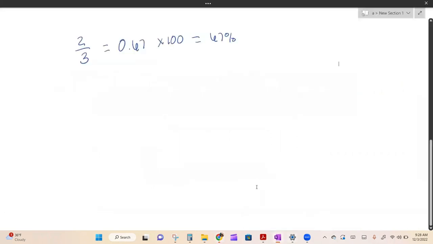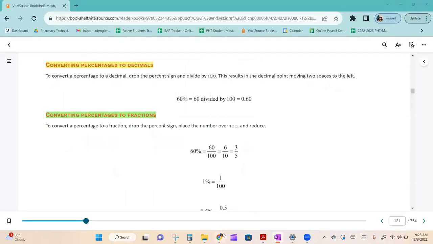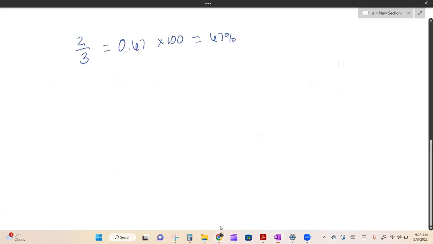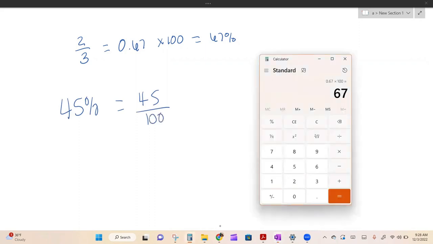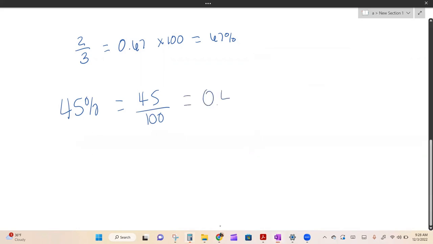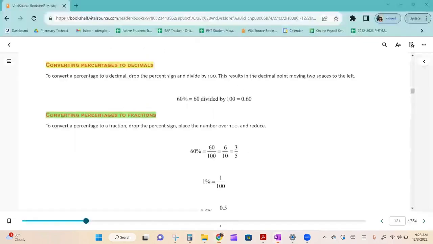Because percentages are always out of 100. So let's do 45%. We will just take it and do 45 over 100, which gives me 0.45.